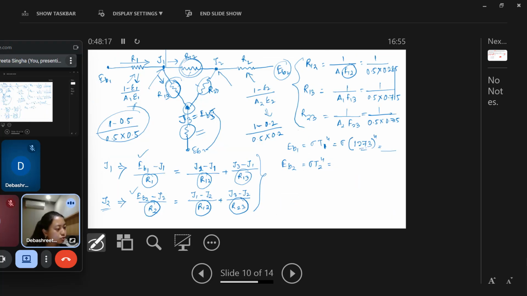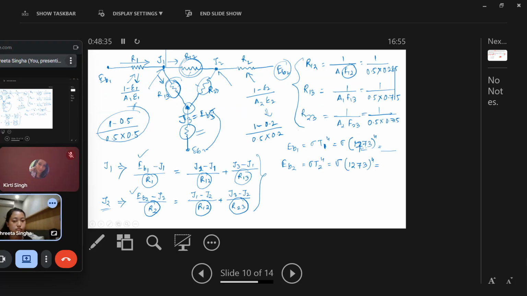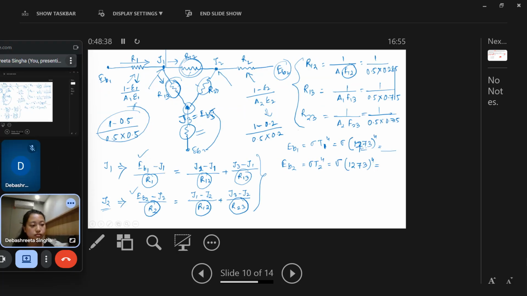This should be EB2, because we have considered one as the below surface and two as the upper surface. So here again you get some values.